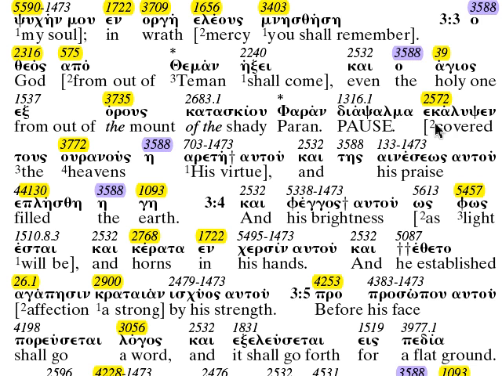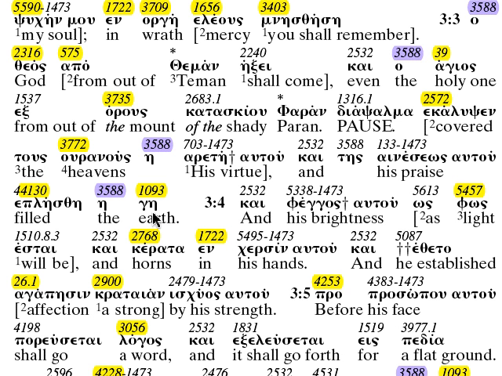And ekalypsen, we have the apocalypse, a covering, and here it's covered. What covered? His virtue, areti, his virtue was the subject, covered the heavens, ouranous, Uranus the planet is the derivative, and his praise filled the earth, eplisthi, plethora is the derivative, ge, geology, filled the earth.